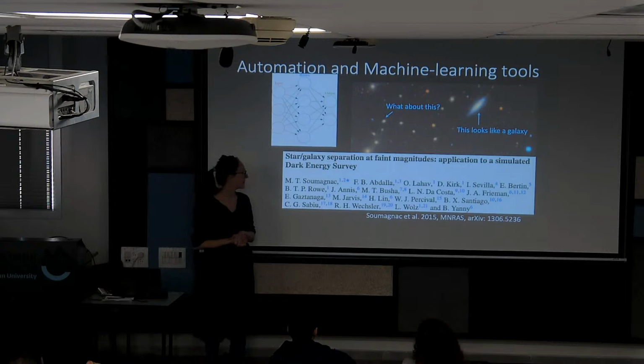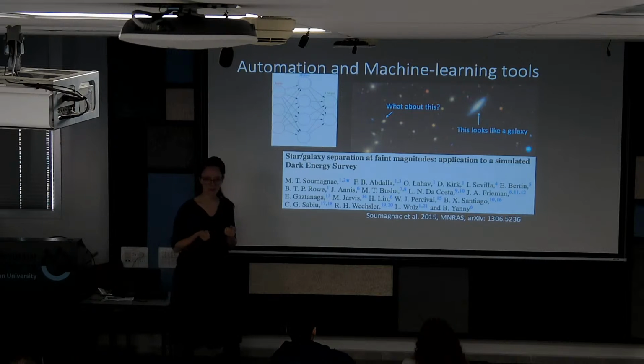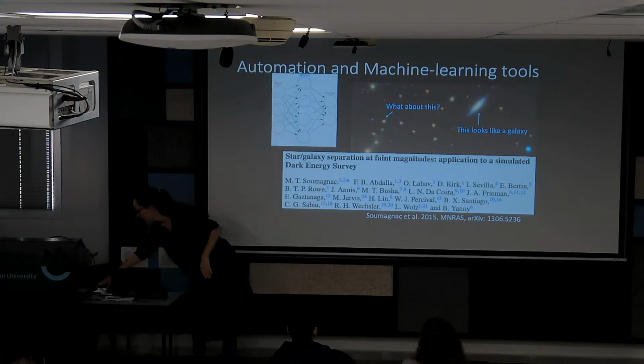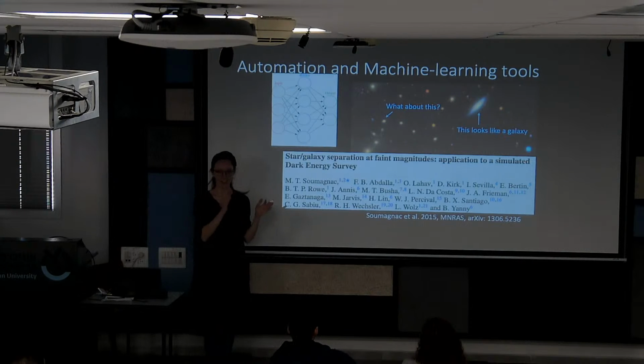And here I'm showing you an example. This is the first scientific paper that I wrote, in 2015, when machine learning was starting to be used in astrophysics and in many other fields, and there was a trend of papers in the archive doing things like finding quasars, finding stars with machine learning.